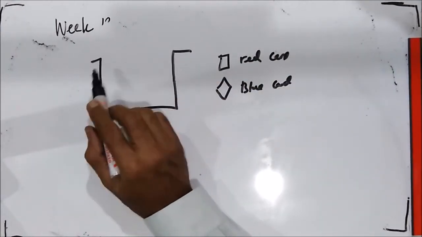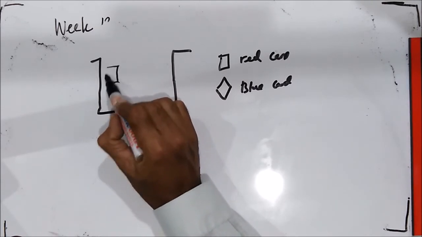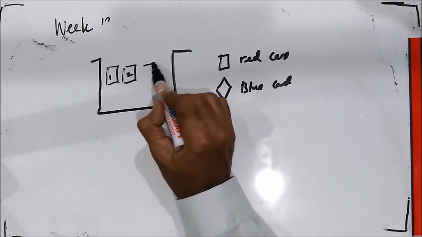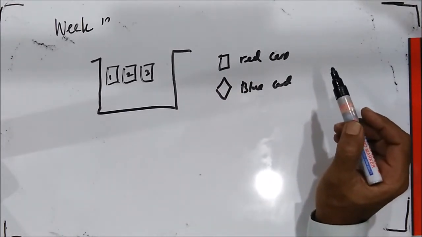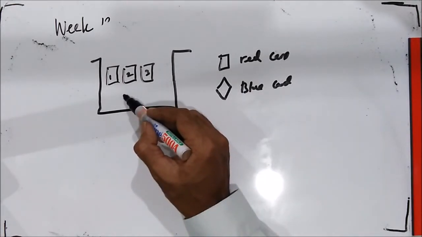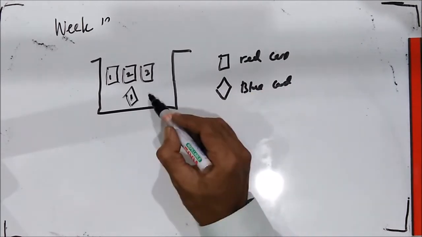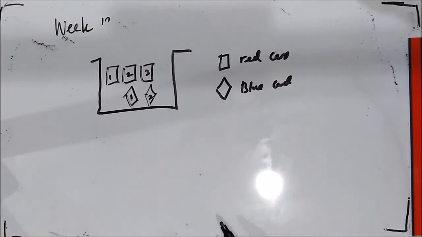So I have 3 red cards with number 1, number 2, and number 3, and I have 2 blue cards with number 1 and number 2. Okay.